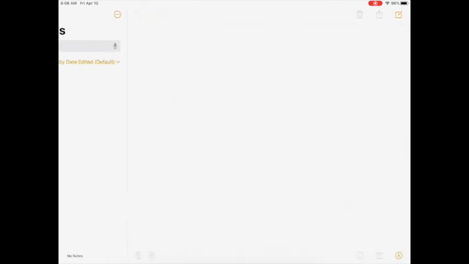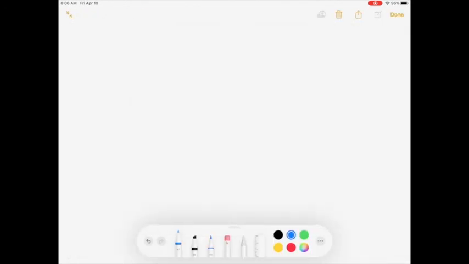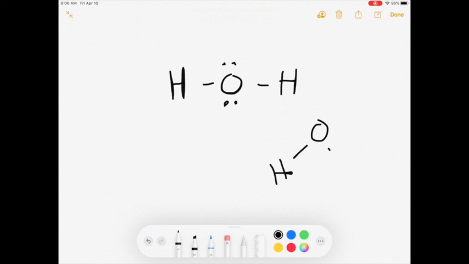And then for bent, we have water. So water, we have 2 bonding, 2 non-bonding. Water actually looks like this. And the bond angle between the 2 hydrogens in this one is 104.5.